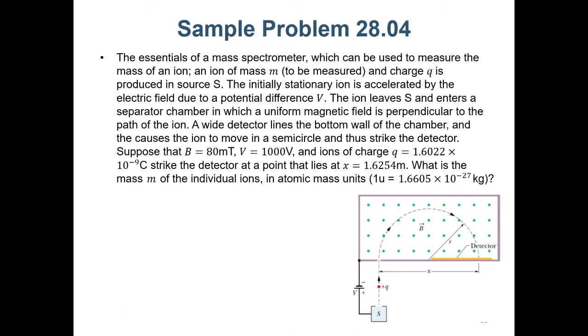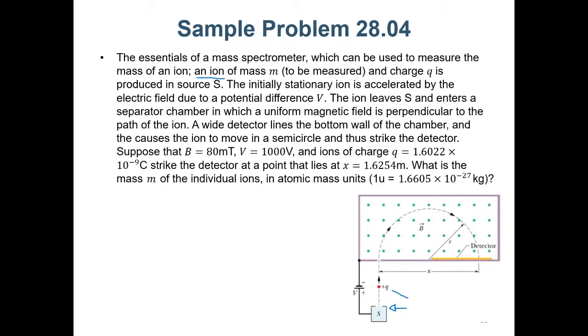OK, so for the next example, the essential of the mass spectrometer, which can be used to measure the mass of an ion. This one will generate the particle, which is an ion.